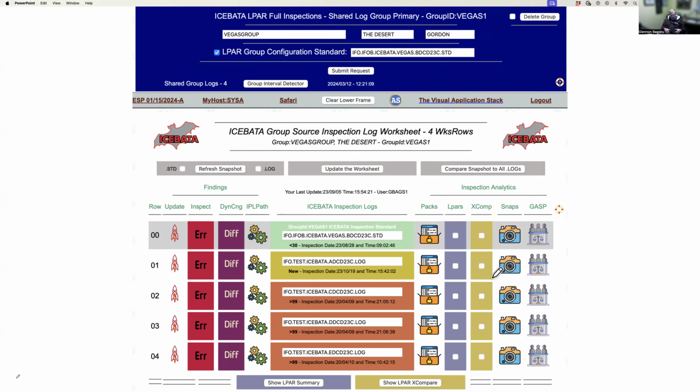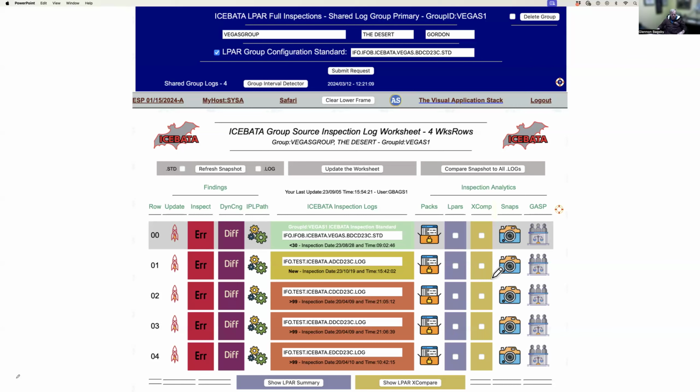So we can now not only look at this LPAR by LPAR, but we can look for it by groups. So in this case, I have a group called Vegas, and I can actually say, here are the different LPARs within the Vegas group. Tell me if anything anywhere in the Vegas group has changed. I don't need to do it LPAR by LPAR, but I can do it by group and compare the Vegas group to the Hong Kong group or whatever group that I want to pick and I've established within ICEDirect.